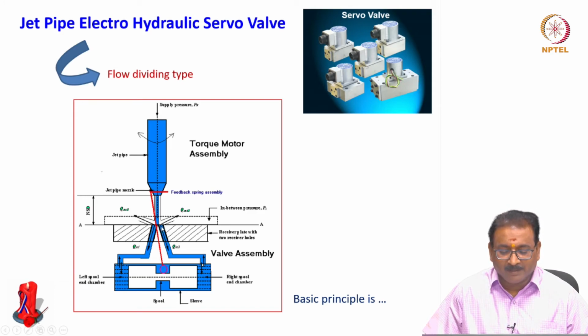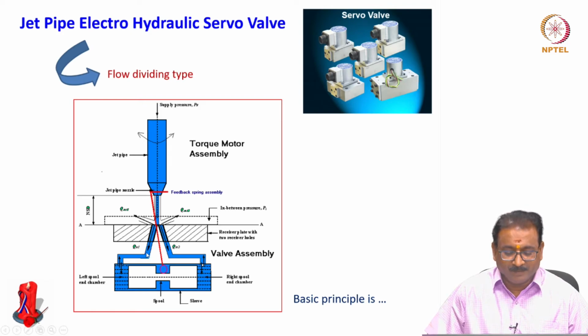When it hits the receiver plate, which has two closely drilled holes connected to the spool ends, whenever the jet pipe is at the center, equal amount of flow will go into the two receivers with some losses. Then the spool will not move. Once the jet pipe deflects, how does it deflect? By applying torque on the armature, it will rotate. At that time more flow will come here, and proportionately less flow will go here.